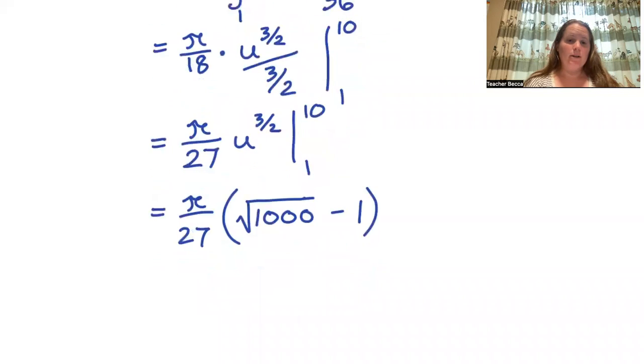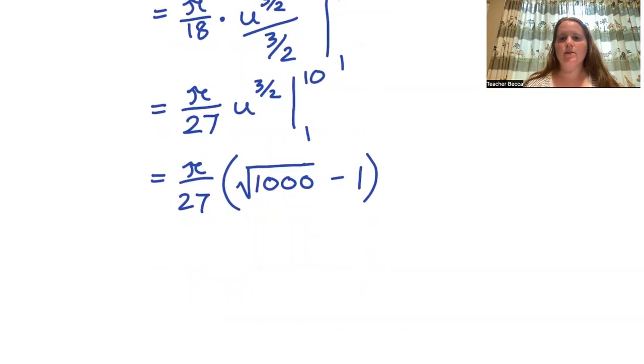Again, we have pi over 27 times, in parentheses, the square root of 1000 minus 1. If we plug this into a calculator, we are looking at a total of about 3.56 units squared.